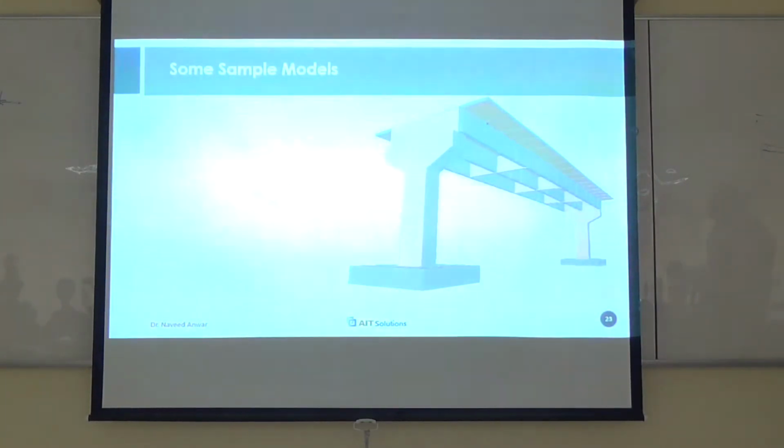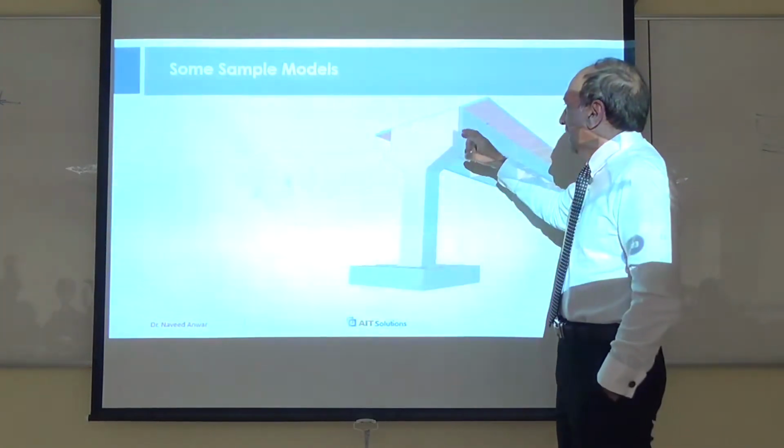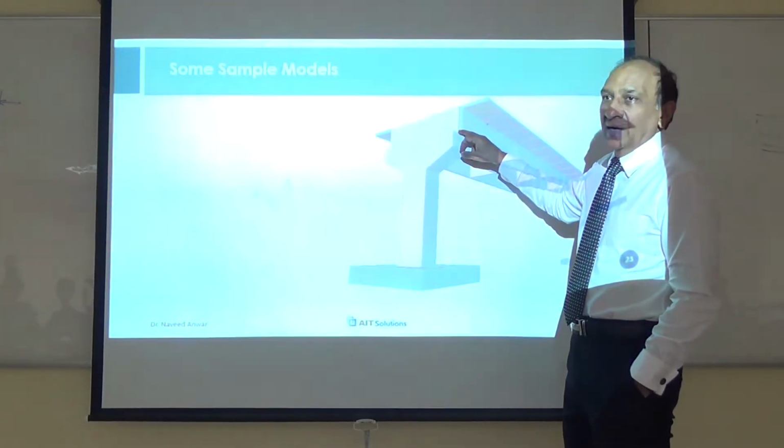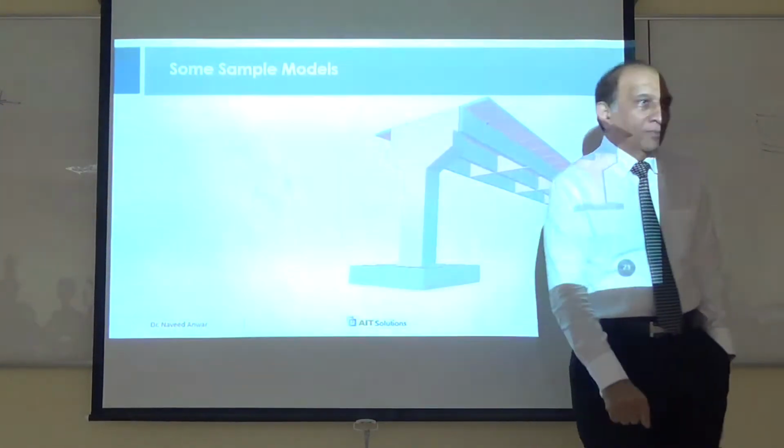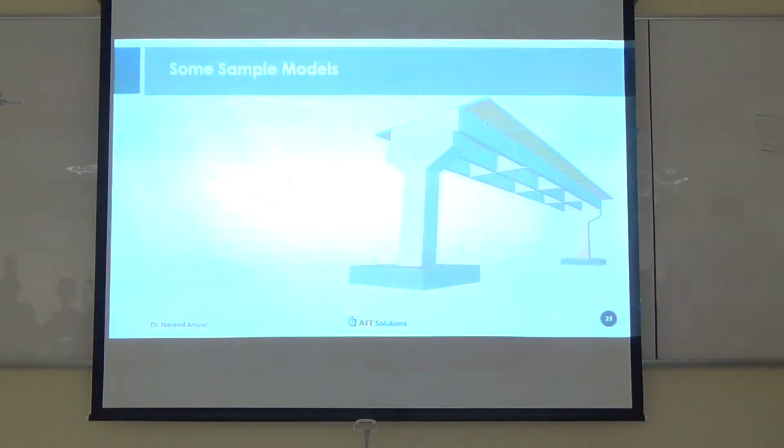So if your model looks like this, you can know that at least you have modeled it realistically. The only thing that is not visible is the soil and the bearing properties that are link elements that you cannot see physically, but they are to be applied properly to the bridge.